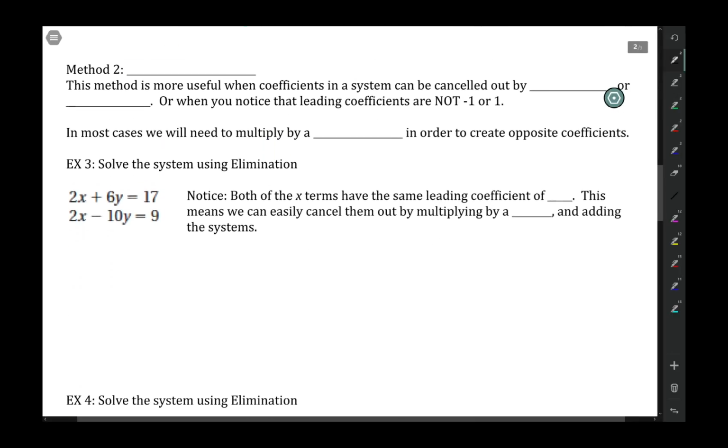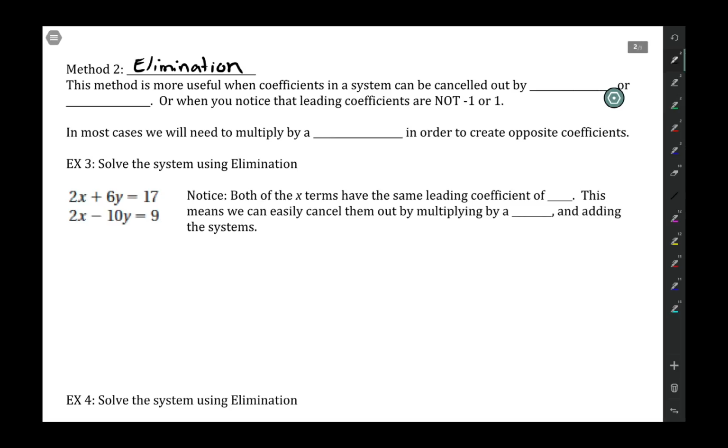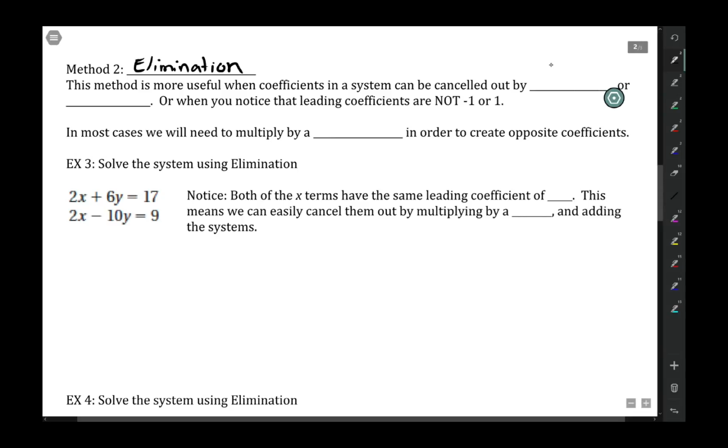Method 2, instead of substitution, is known as the elimination method. Elimination. This method is more useful when coefficients in a system can be canceled out by addition or subtraction, and particularly if the leading coefficients are not 1 or -1.